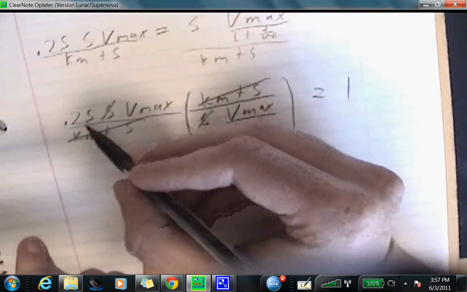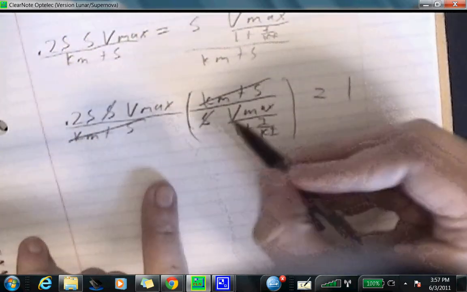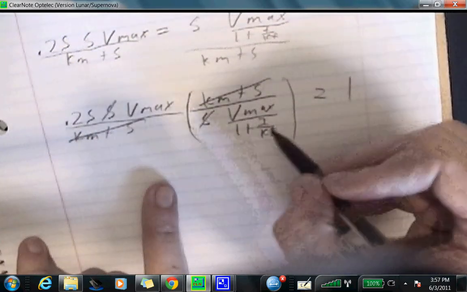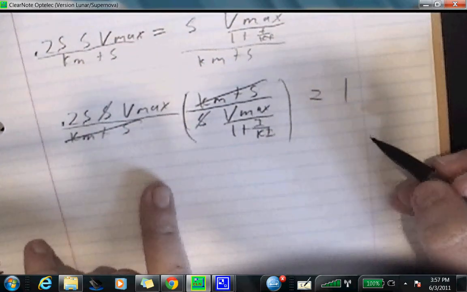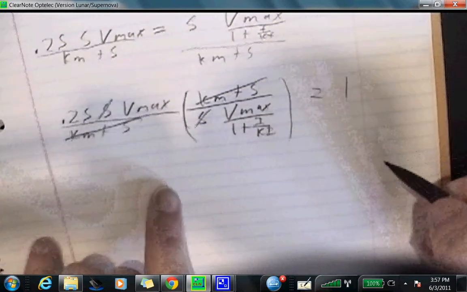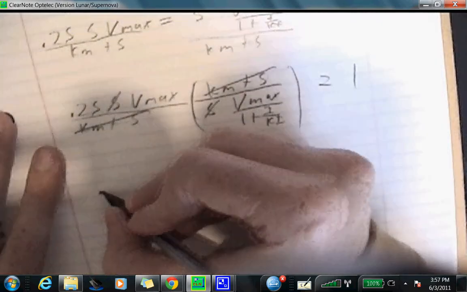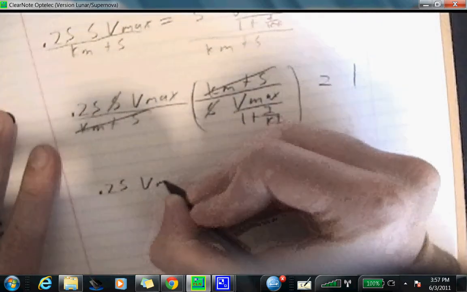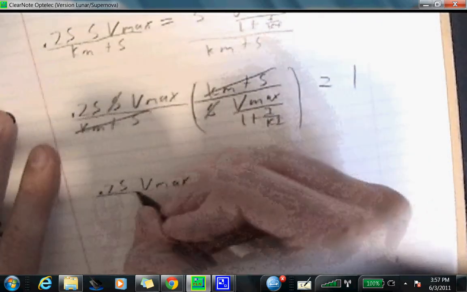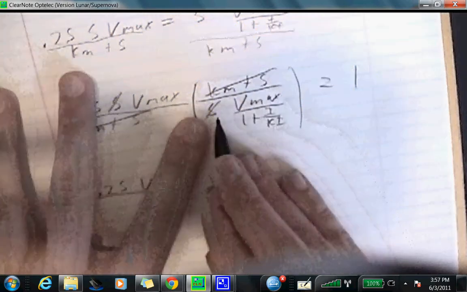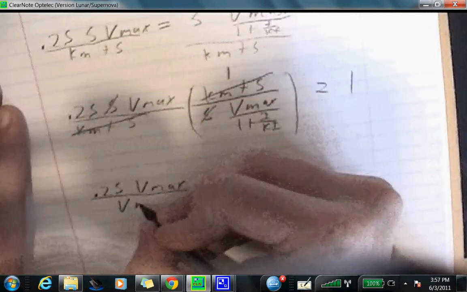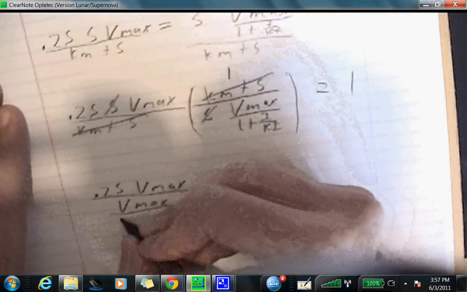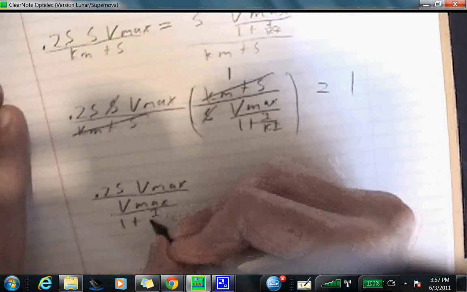So now I'm going to be left with 0.25 Vmax over Vmax divided by 1 plus I over Ki equals 1, because this becomes 1 up here. So now it's Vmax divided by 1 plus I over Ki.